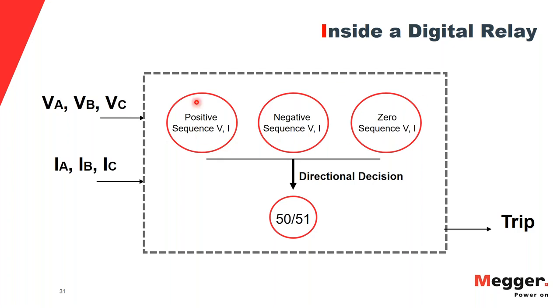Once it computes all those quantities, based on those quantities it decides whether my direction is forward or reverse. And then it gives a permissive to 50-51, and the 50-51 is then waiting either for some time delay or it's going to go for an instantaneous trip.